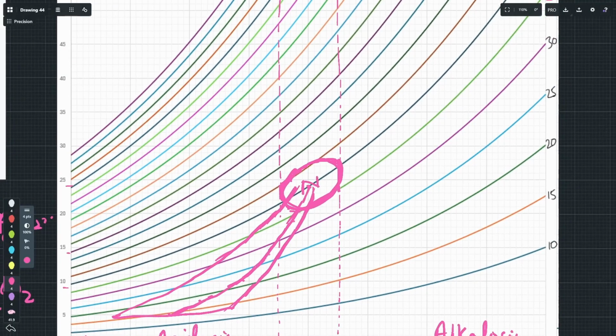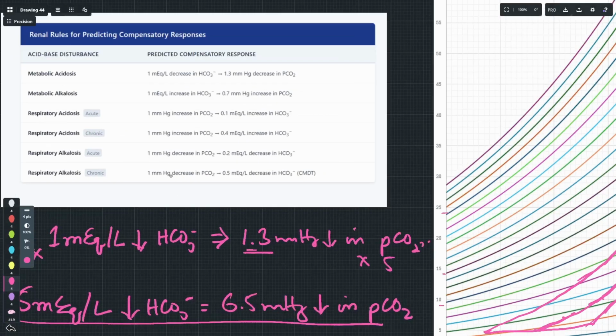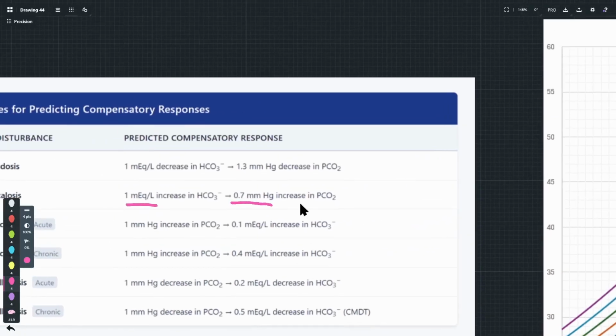Now, how about metabolic alkalosis? For metabolic alkalosis, we have this rule that a 1 milliequivalent increase in HCO3 is equal to a 0.7 mmHg increase in PCO2. Again, we can multiply by 5 here as well.